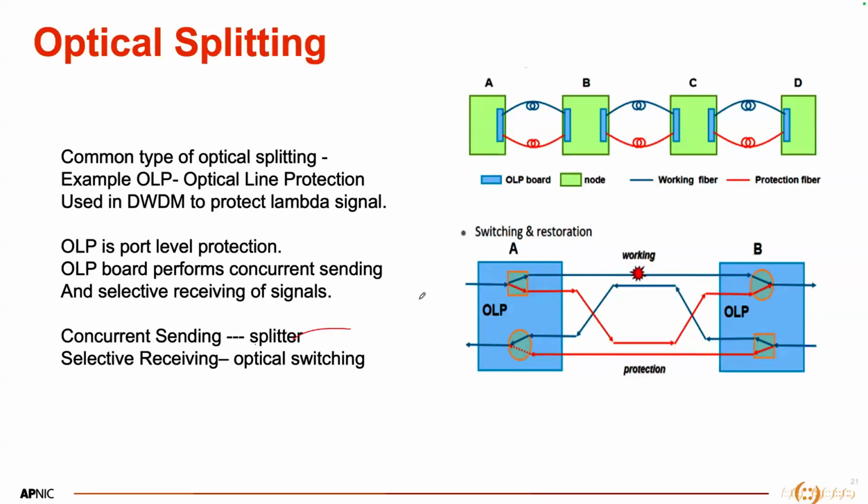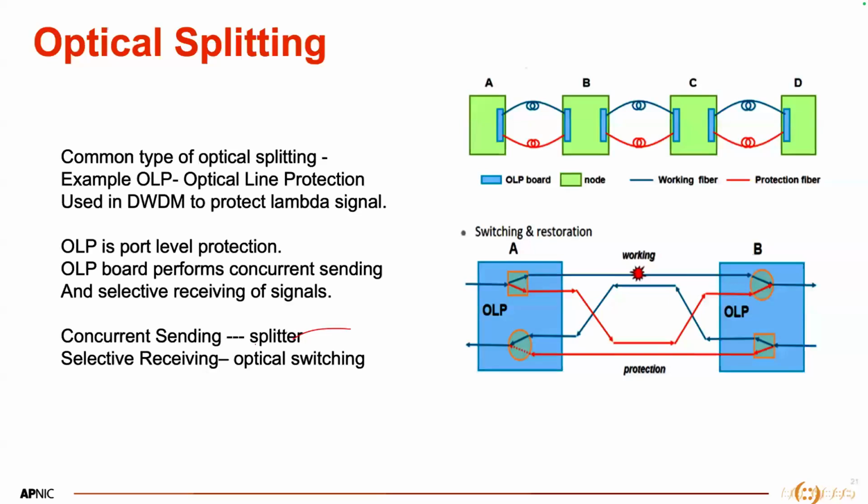So maybe you are getting a bit confused. As you can see in the diagram, we have OLP, optical line protection. This is a scheme where we provide protection in DWDM. So what is the OLP system?